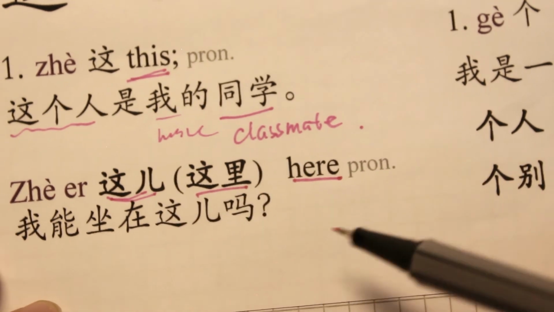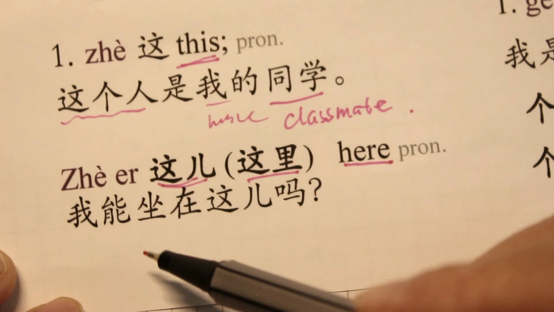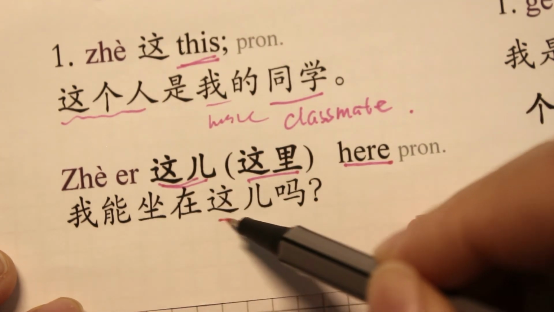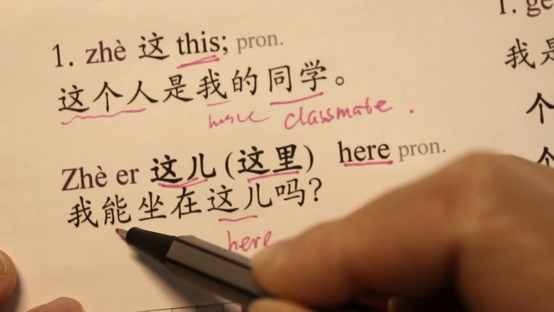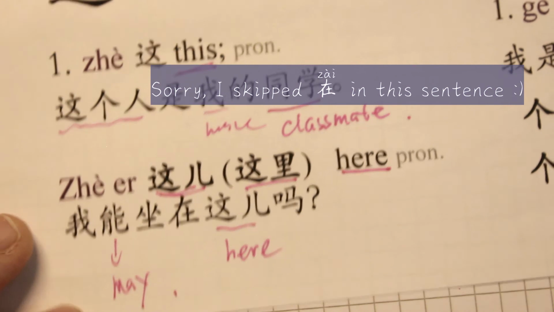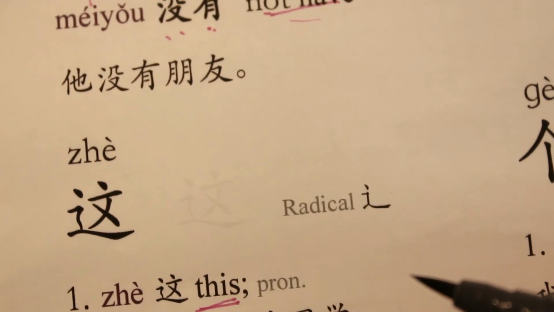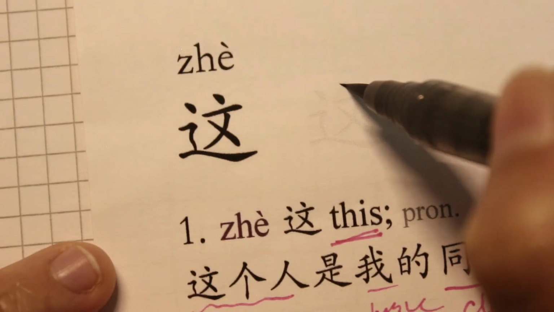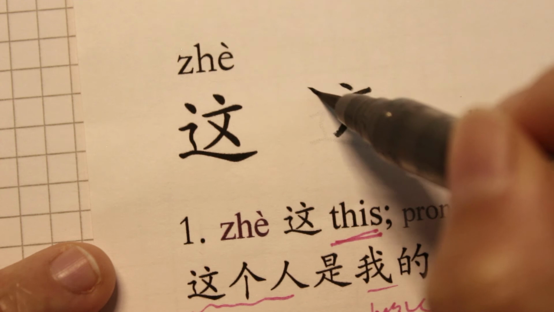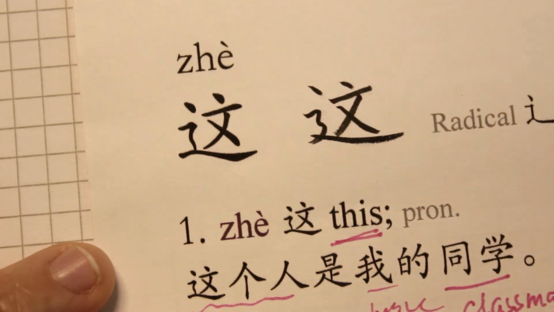And we also have the word 这里, it means here. Same meaning. Here 我能坐这里吗? May I sit here? 能 means may. Okay, now let's write 这 together. 1 2 3 4 5 6 7.